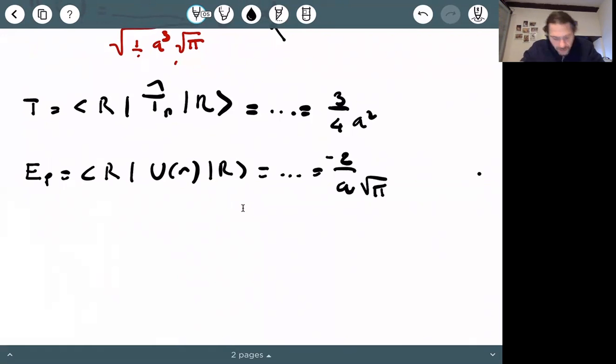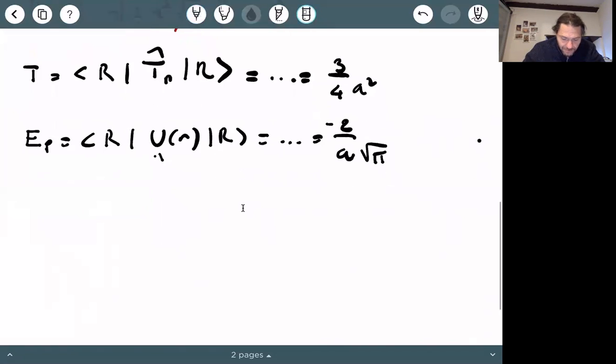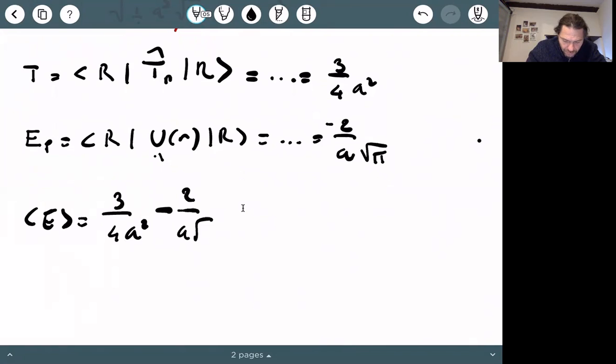It's negative because the Coulomb energy is in fact negative. So the kinetic energy is positive and the potential energy is negative. Okay, fine. So when you sum them up, the expectation value of the energy altogether is something like 3/(4a²) minus 2/(a√π).